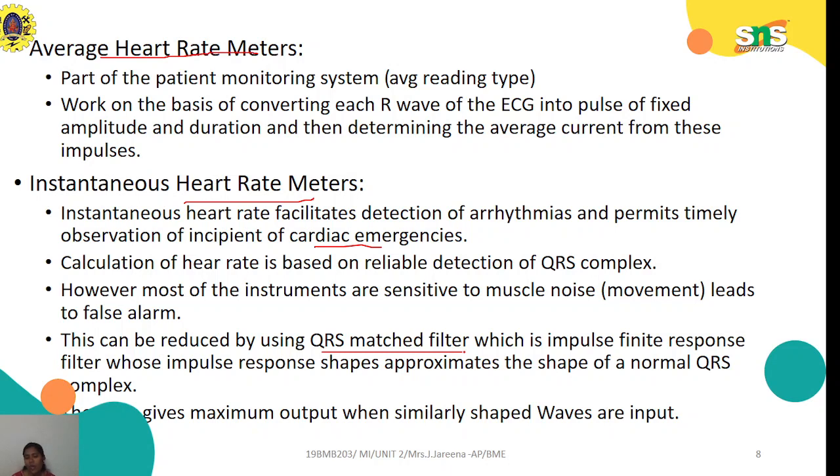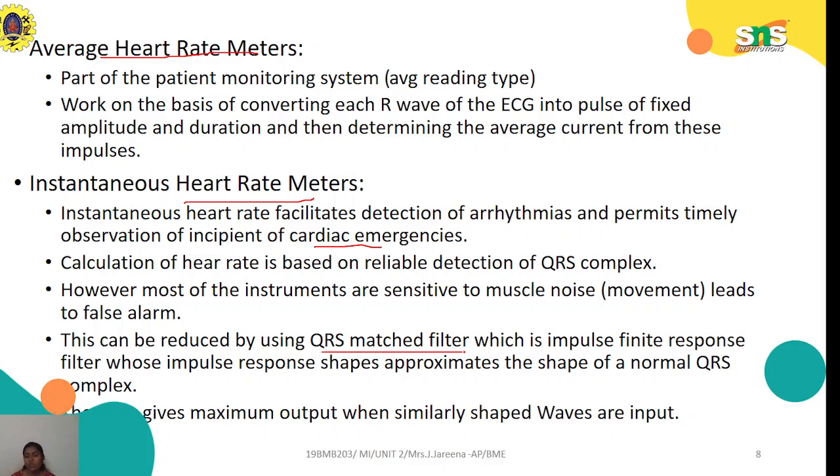This QRS matched filter has been designed in such a way that it allows only the QRS complex of the ECG waveform, whereas it prevents other waveforms generated by noise, that could be muscle noise, movement noise, or environment noise, and so on. In this way, we are purely focusing on the QRS waveform with the help of the QRS matched filter.